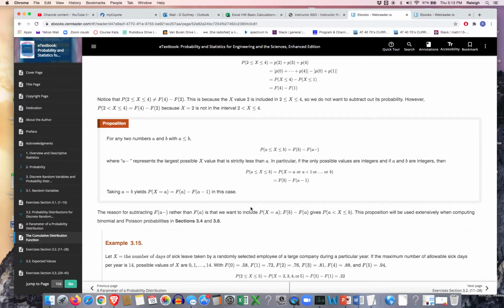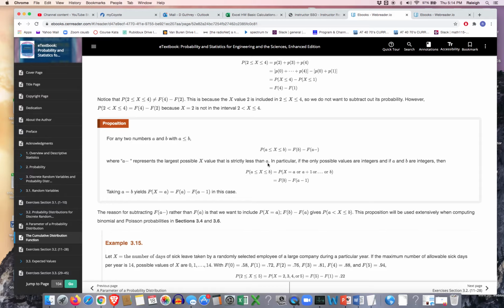We have just a few more things before we get an introduction to 5.3. And so they use a little bit more notation. They're very good on mathematical notation. So they will say f of b minus f of a minus, which is the largest possible x value that is strictly less than a, such as 2.999 versus a 3, except imagine a whole bunch more 9s.